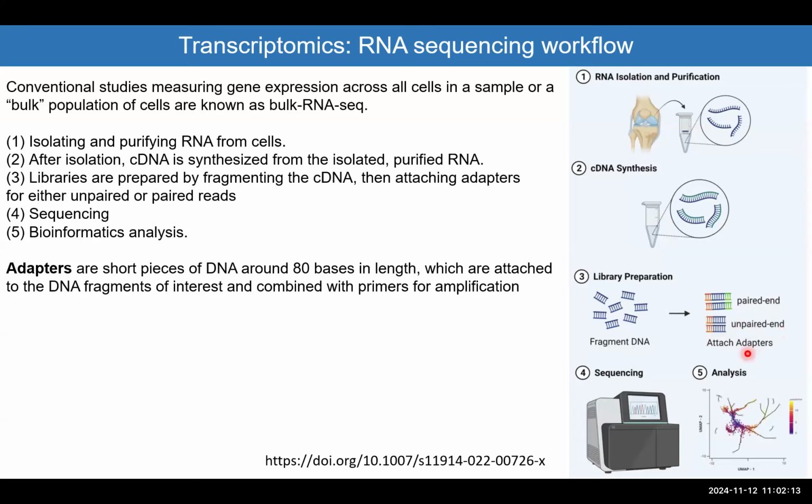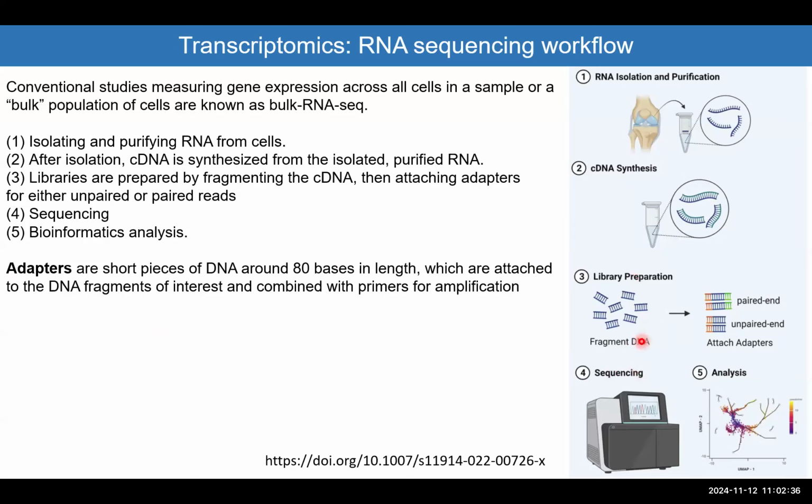In this step, you are adding adapters. Every cDNA will have molecules added at the end, and these are called adapters. The adapters, I put the definition here, are short DNA sequences up to 80 base pairs in length. They are attached to the DNA fragments.